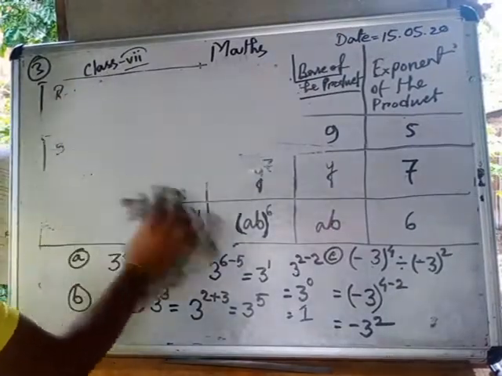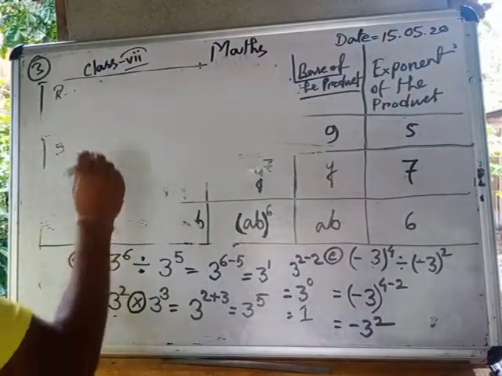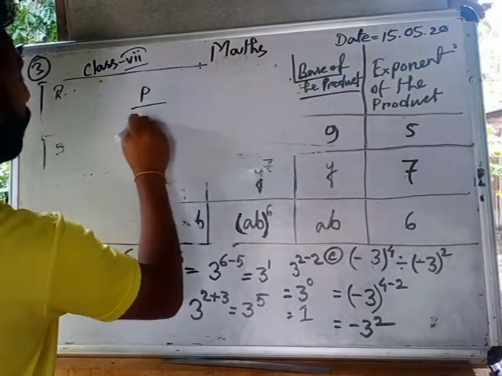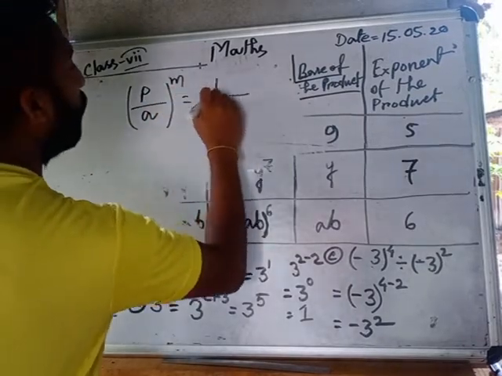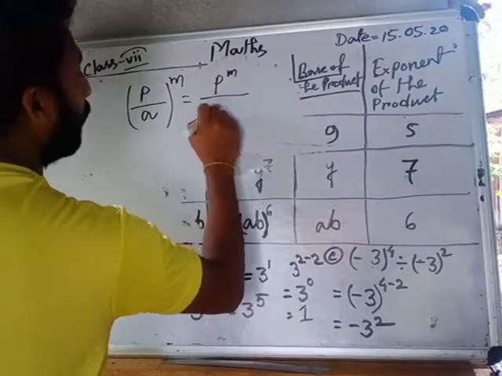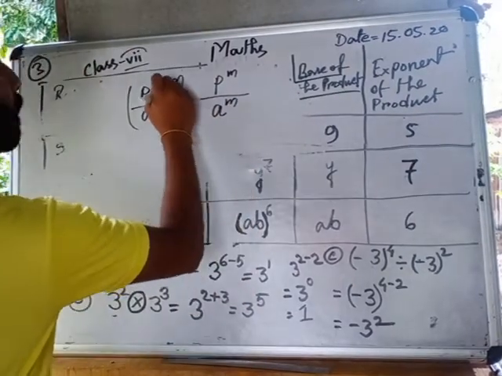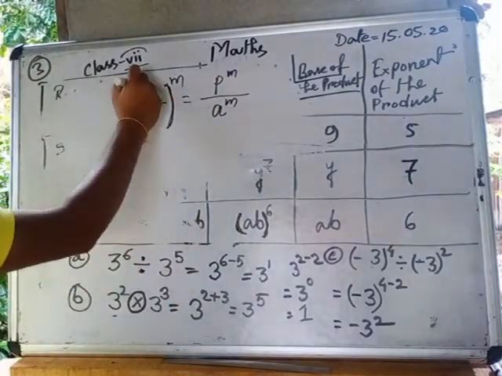Suppose it is p by a to the power m. That means p to the power m and a to the power m, because the bracket is used for each or both.